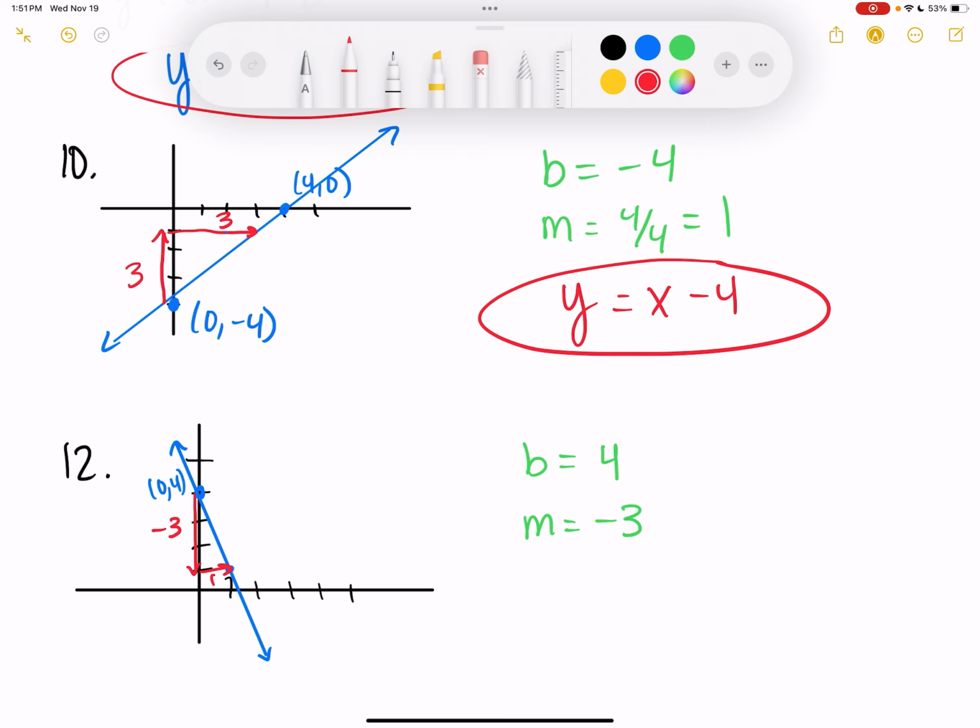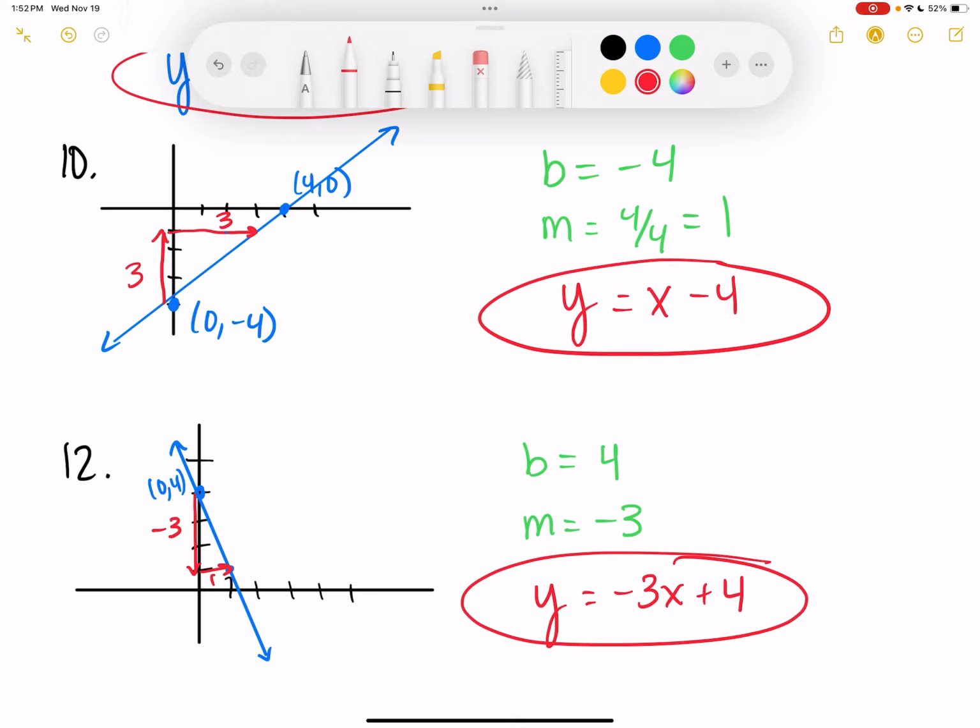So then my equation, y equals -3x plus 4. So that's what it's specifically asking you to do. Now, I'm not inclined to give you one like that on your quiz or your test, because that means I would have to graph it for you ahead of time. I'm more likely to give you the other kind because that's really what you need to be able to do.